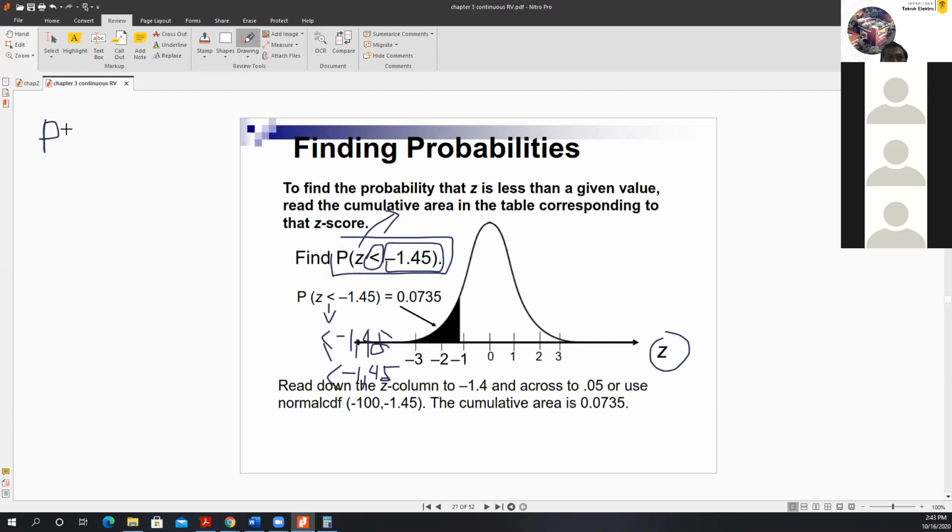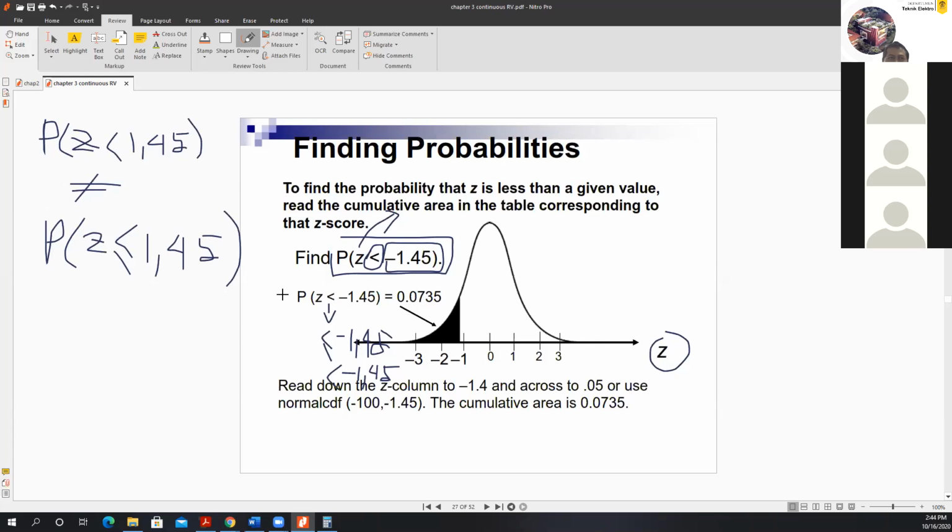If we want to know the probability Z maybe less than 1.45, this is not equal to the probability Z less than or equal to 1.45. This is not equal.